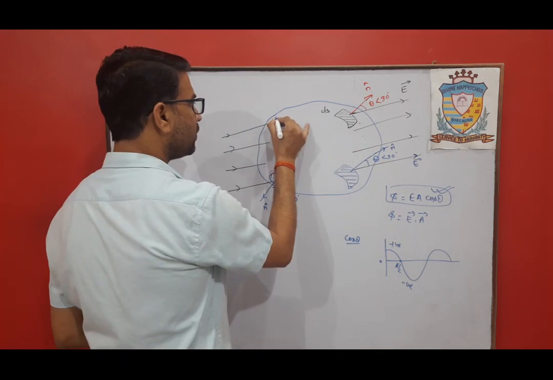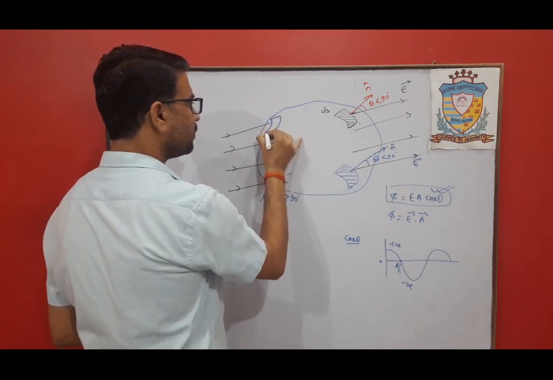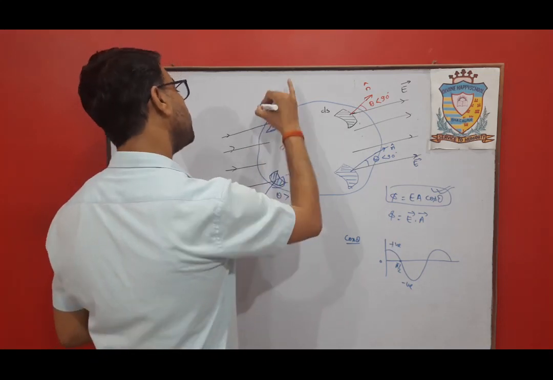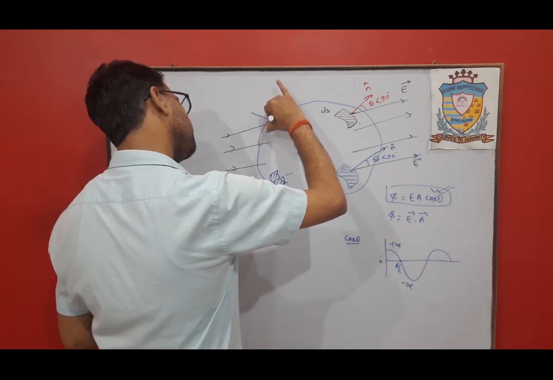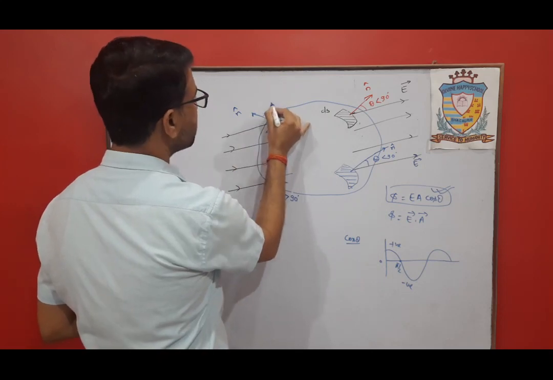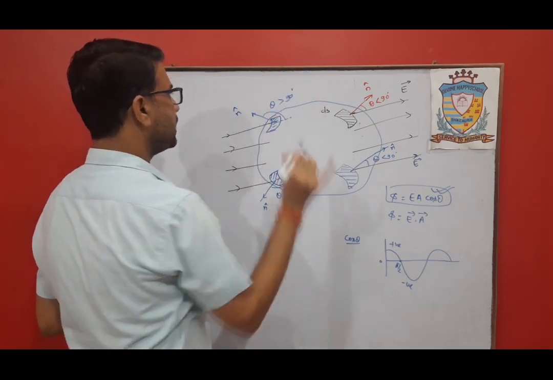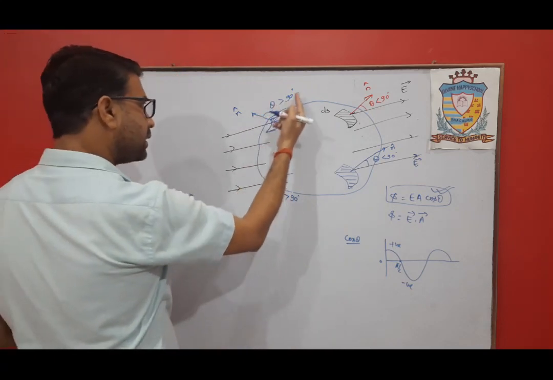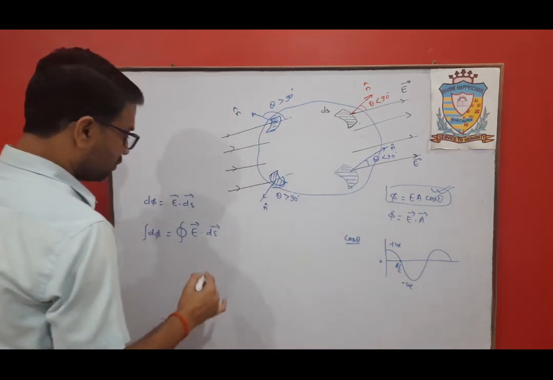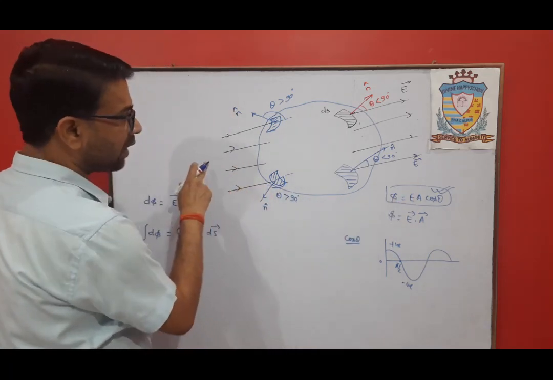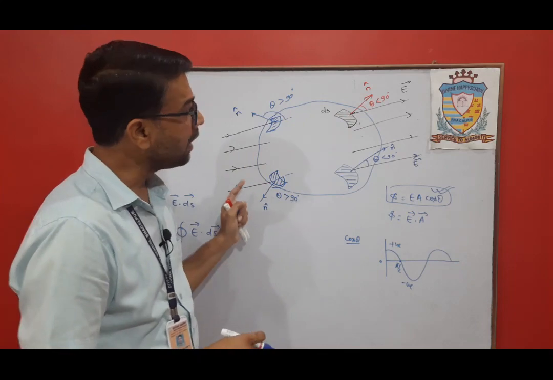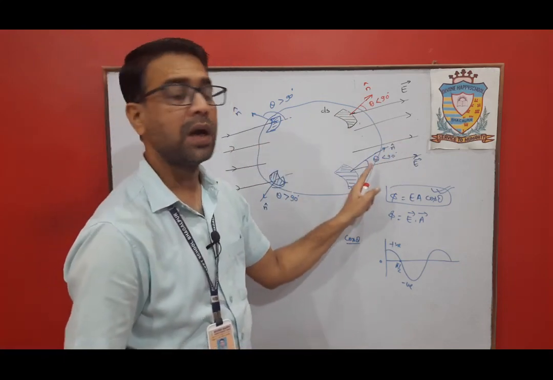One more: this is the direction of area vector, and this angle theta is greater than 90 degree, so the flux will be negative. So for any closed surface, all incoming electric flux will be negative, and all leaving electric flux will be positive.